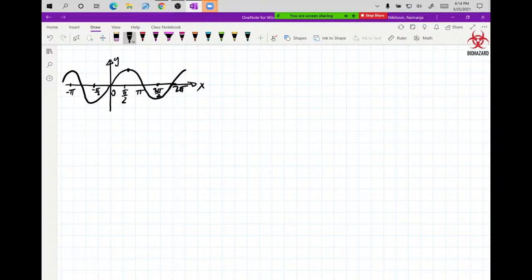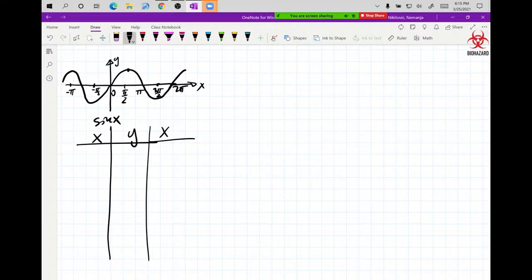It never stops. So what is my table of values looking at sine x? Well, I have the input of x and output of y, which would create my ordered pair points x, comma, y. So let's go with negative pi, negative pi over 2, 0, pi over 2, pi, 3 pi over 2, and 2 pi, because we can.